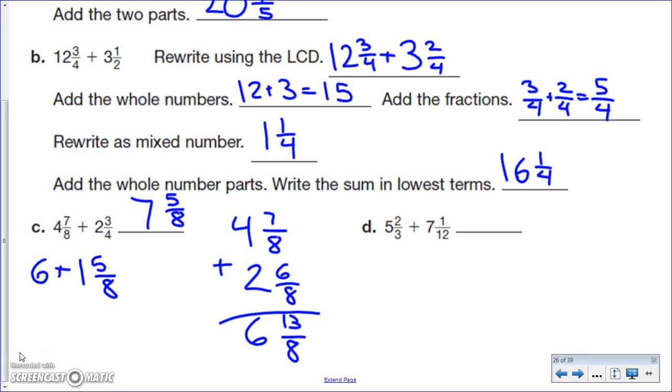For letter D, we have 5 2/3 plus 7 1/12. So first thing we need is a common denominator, and we're going to go with 12ths. So 5 2/3 is going to become 5 8/12. Now, just like before, we're going to add the whole numbers, so 5 plus 7 is 12.